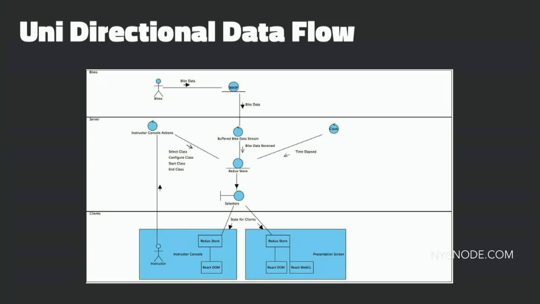On the clients, there's a very simple Redux store, which we use so we can use the standard tooling around it. The only action it gets is that the state changed, and it contains the entire state that was sent, or just the delta. Every time there's a delta, it just updates that part of the state. And then React DOM elements get rendered and React WebGL elements get rendered.